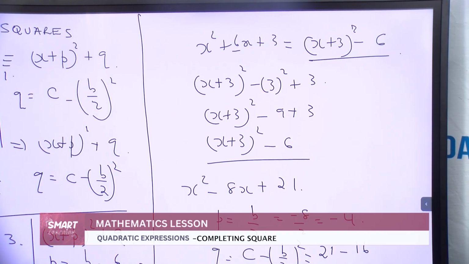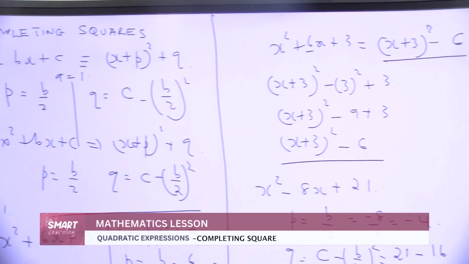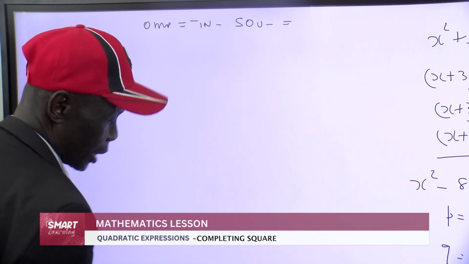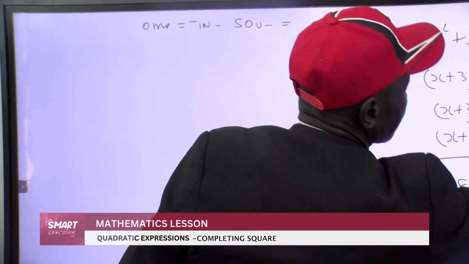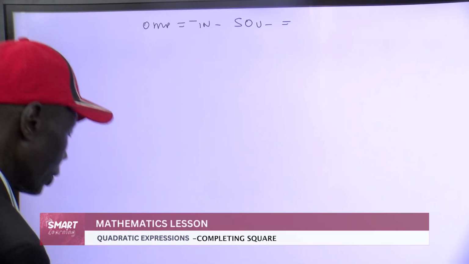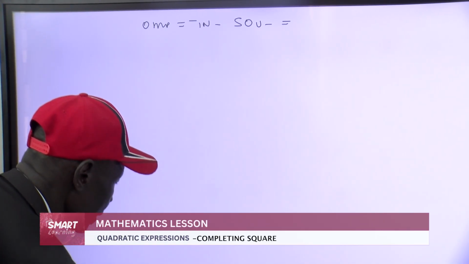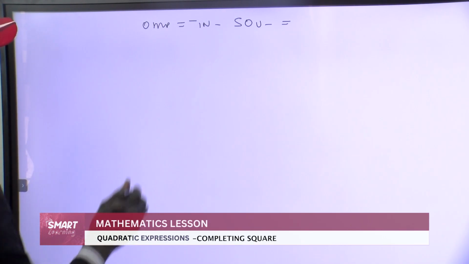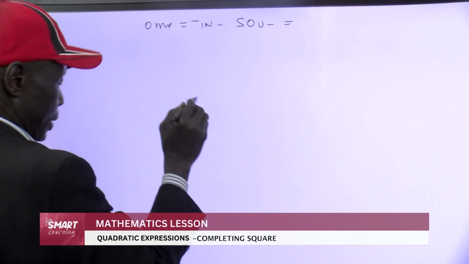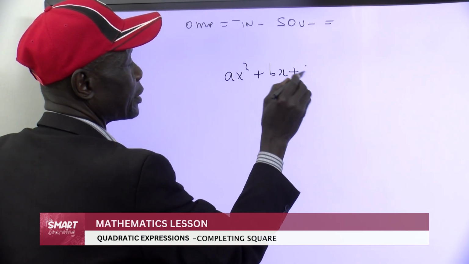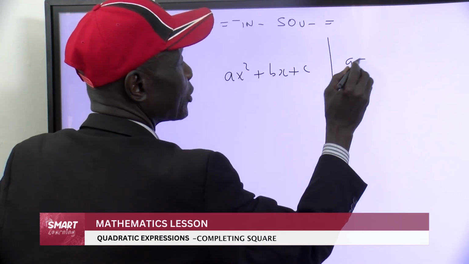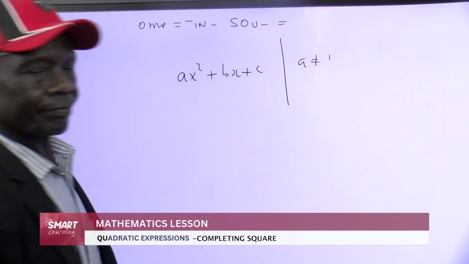Now, suppose your a is not 1. What happens if your a is not 1? If a is not 1, so we have ax squared plus bx plus c, but a is not 1.